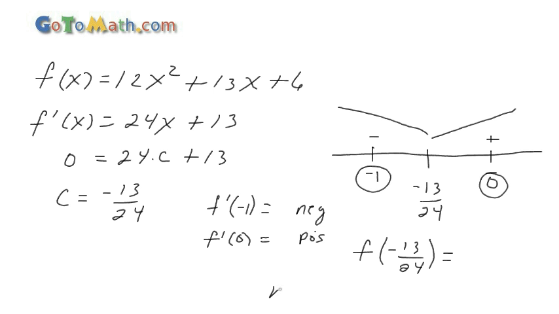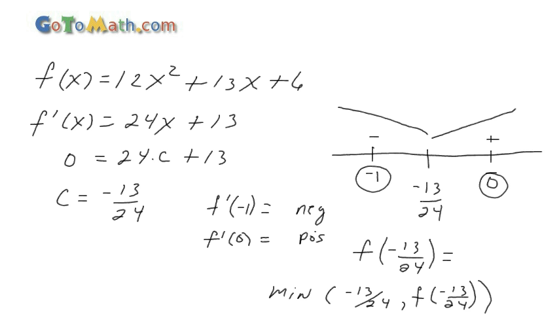So this is going to be, we said, a minimum. It's actually, we're considering it to be a relative minimum at negative 13 over 24, and then I'm just going to write this in here, let you figure out what that other one is. Alright, so there's your minimum there.